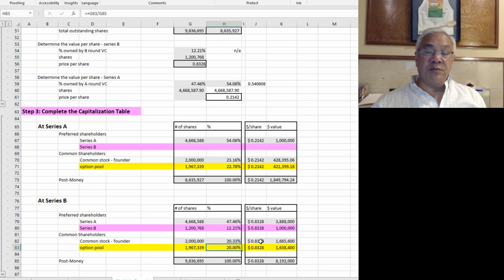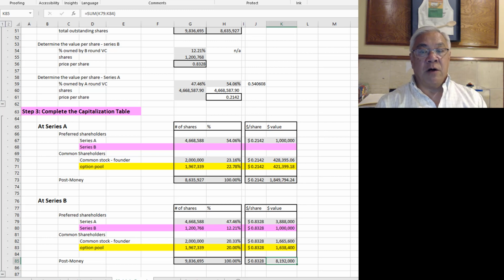And then the option pool gets to 20%, and the leftovers, hate to say that, go to the founders. The price per share based on the new money was this 83 cents, and we price all the shares at that price. And so we end up with this set of valuations at a post money of $8.2 million. And notice that we're upticking to 8.2 on the way to 16.